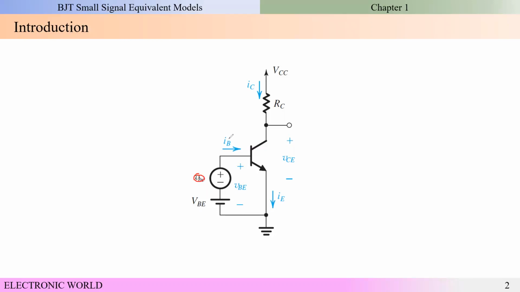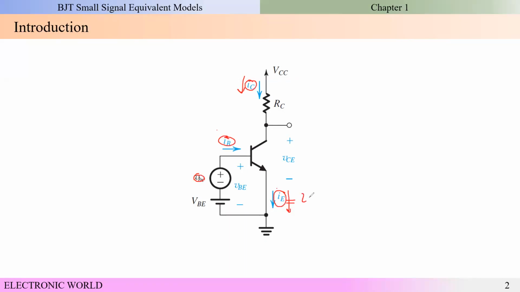This current will be the overall base current, and this current will be the overall collector current, and this one will be the overall emitter current.